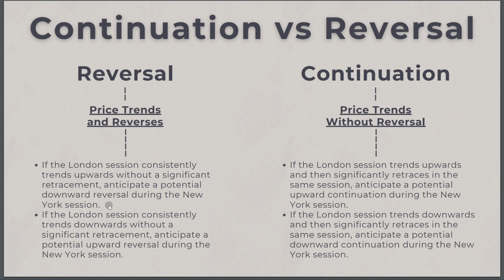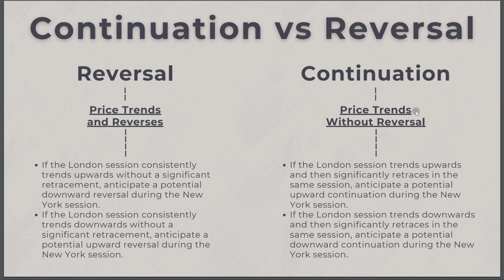If the London session consistently trends downwards without a significant retracement, then what do we expect to happen? We expect a potential upward reversal during the New York session. So it's going to be the opposite in direction when we have the reversal. And we're going to understand when this happens by example. So these are the rules here, but we're going to go over examples later.